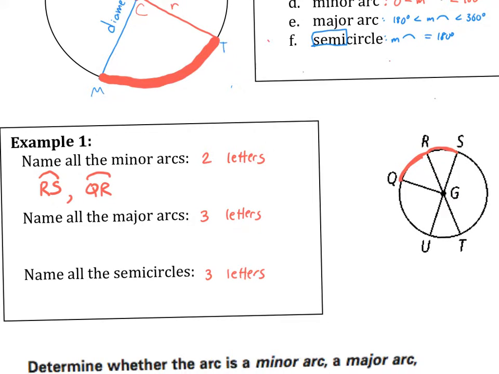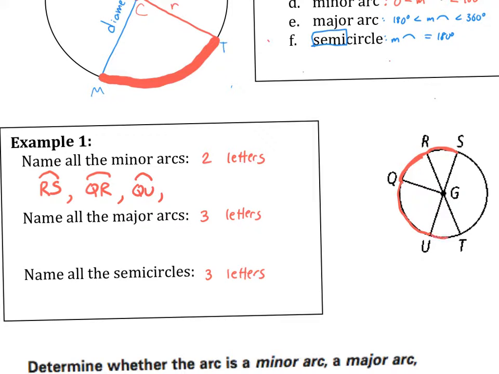Now, of course, you might ask, well, Swenson, what if I started at S and said SR? Well, that's fine too. You could say arc SR. Here I'm just going alphabetical, but if you start here and go this way, you could also call it arc SR. What other minor arcs do I have here? I've got this one, arc QU.